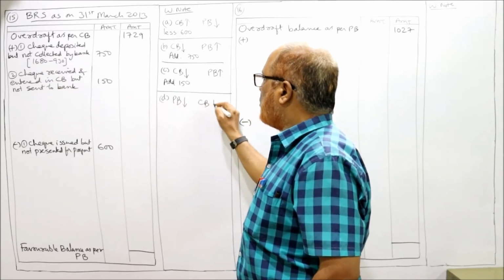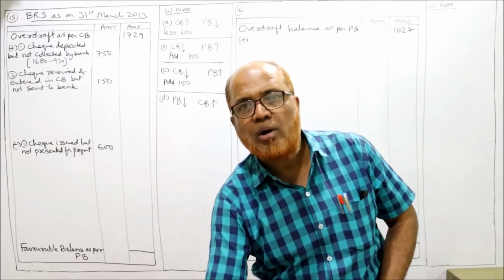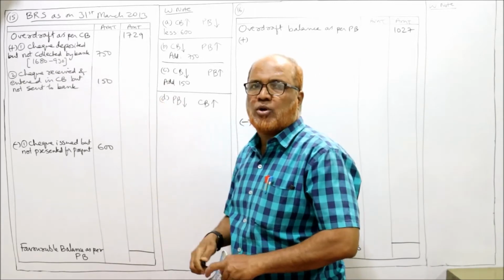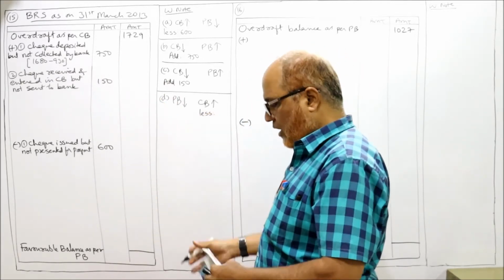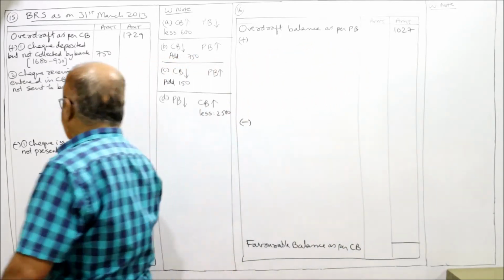Whereas it is not recorded in the cash book, the cash book will still show more balance. Our starting point is cash book, and it is showing more balance, so we have to subtract. How much? 2,500. So here, less items.